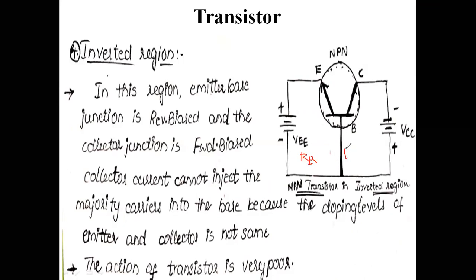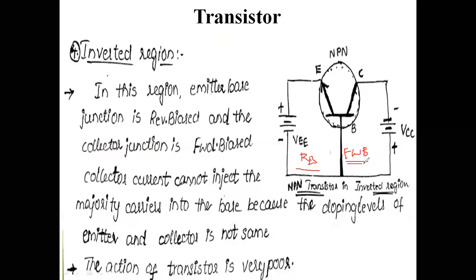Whereas on the collector side this is in forward bias position. This n type is connected to negative, and p type is connected to positive. That means on the input circuit side it is reverse biased, while on the output circuit side it is forward biased.